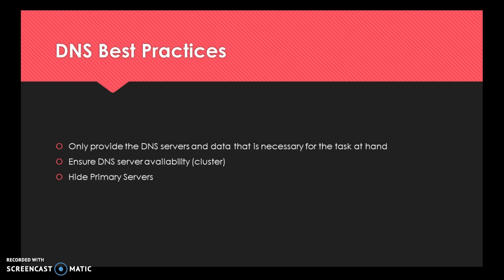They are not accessible to any end user. Just make sure you have the primary servers hidden away so no one has access to them. You want to limit the data that exists on the secondary name servers. And other than that, that's pretty basic for DNS configuration and setup.